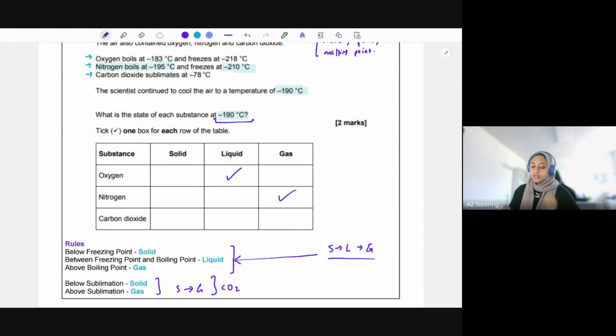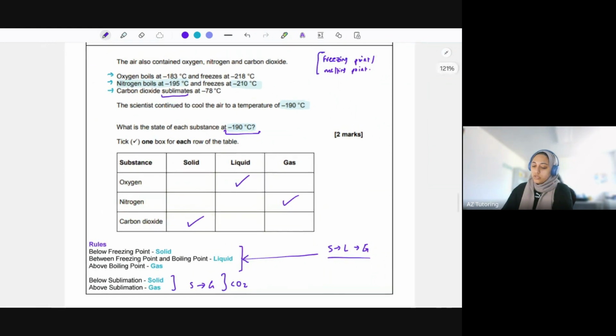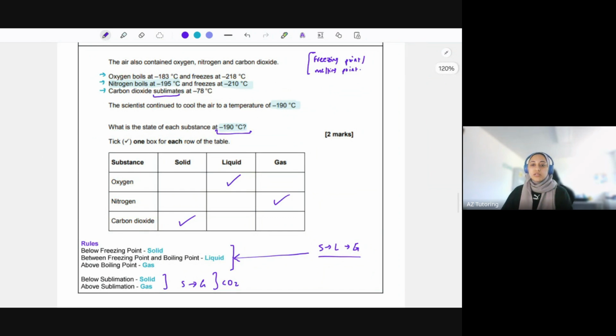Okay, now looking at carbon dioxide, it undergoes sublimation, so it's solid to gas. Now minus 78 is higher than minus 190, so therefore it's going to be solid. Has anyone got any questions on this one? Because this one can get quite confusing.